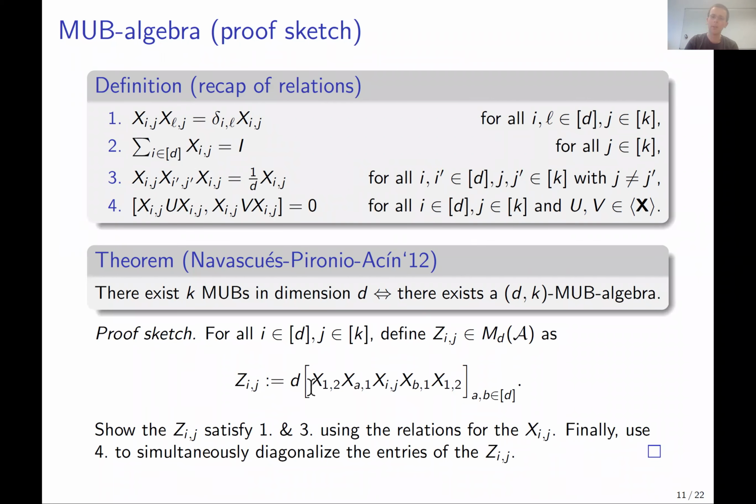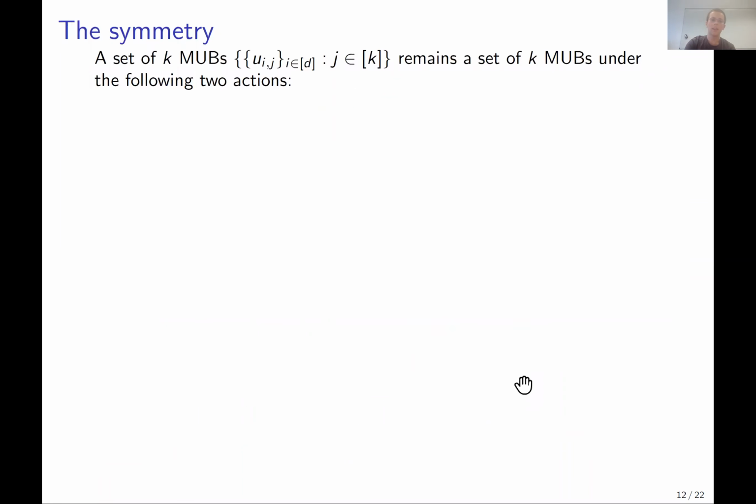So if you restrict yourself to the C-star algebra generated by these entries, you have a commutative C-star algebra, and this you can diagonalize. You can simultaneously diagonalize all the entries of your zij's, and then you just restrict to one coordinate on this diagonal, and you get your solution.